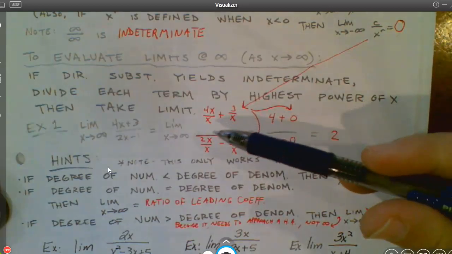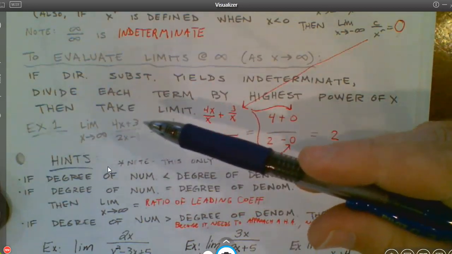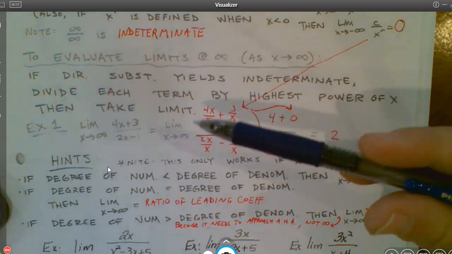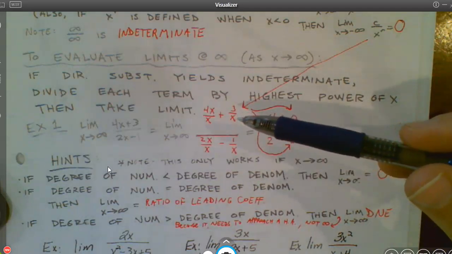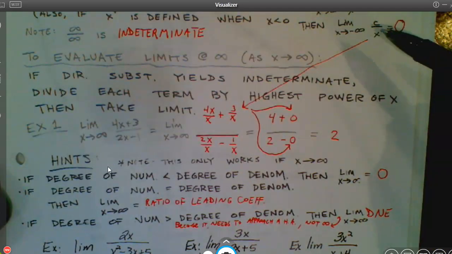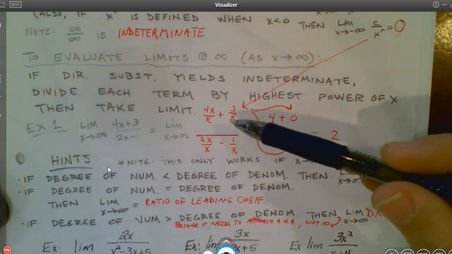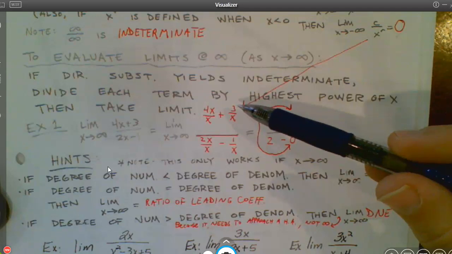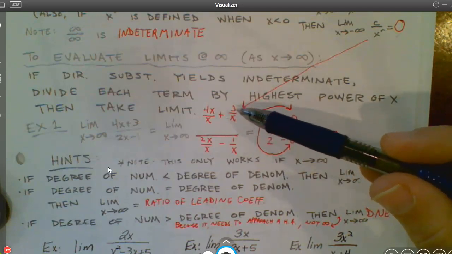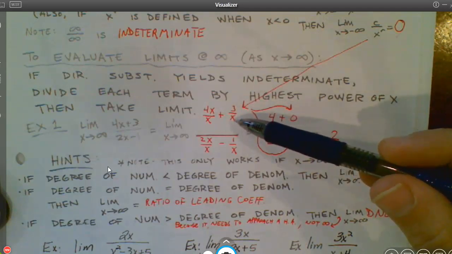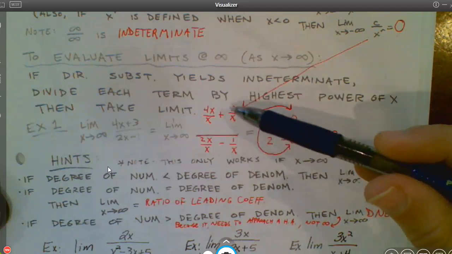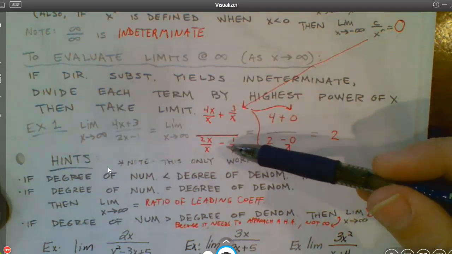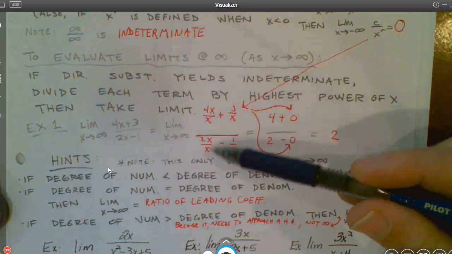I took all 4 of these terms, divided them all by x. So that's what you're seeing right here. Remember what we learned on this little guy, that when your denominator has a bigger exponent than your numerator, the limit of this term specifically is approaching 0, as well as this one. So these guys essentially 0 out, and I'm left with just this guy over this guy.